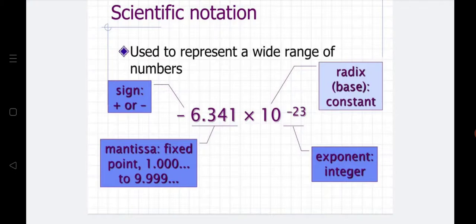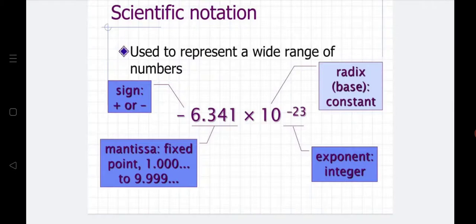The most significant bit, if you find it as minus or positive, acts as a sign bit. It says whether the given number is a positive number or a negative number. Now the latter value, 6.341, will be acting as the mantissa. That is nothing but your fixed point representation.